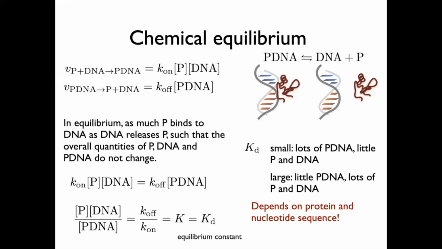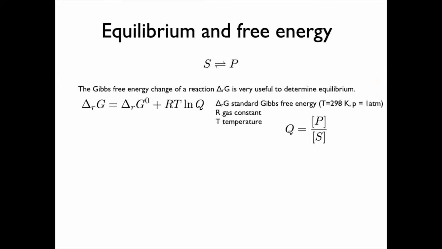And this, of course, depends very much on the type of protein and the nucleotide sequence that we look at. This equilibrium constant we can actually associate with the Gibbs free energy change of a chemical reaction, of which I have given a formula here.